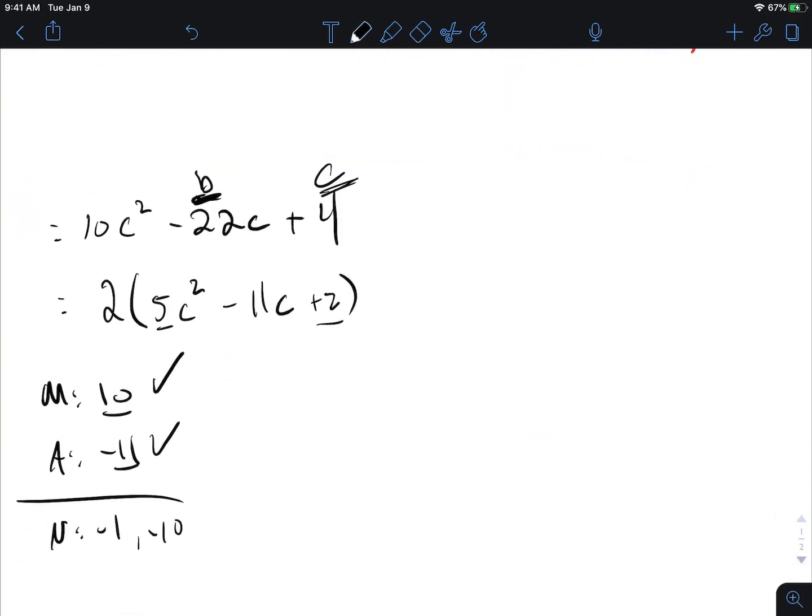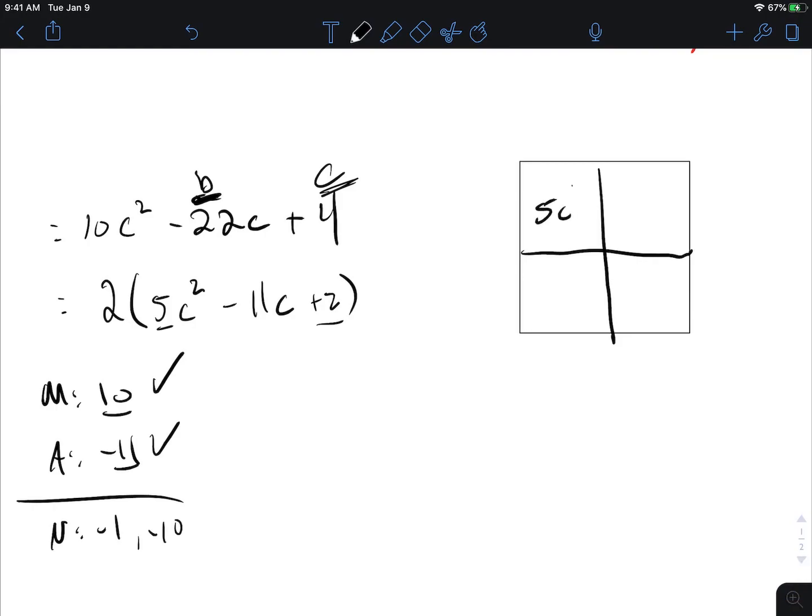So I'll do the table. I'm going to fill in 5c squared, 2, and I'm going to fill in the other 2 in the top right and bottom left: negative 10c, negative 1c. Then I'm going to read off the numbers that are in common. Vertically, in the first one I can only take out a c.